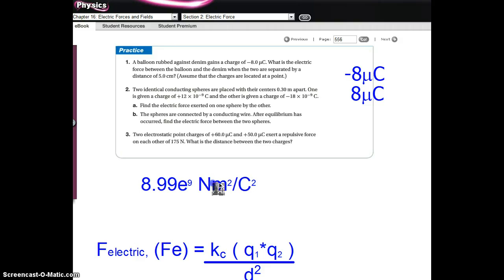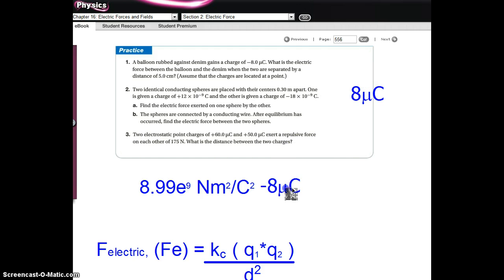Coulomb's constant, Kc, times -8 microcoulombs times 8 microcoulombs, all divided by 5 centimeters, and you go through and calculate that out. Go ahead and pause recording if you must in order to work that out. Go ahead, hit pause.